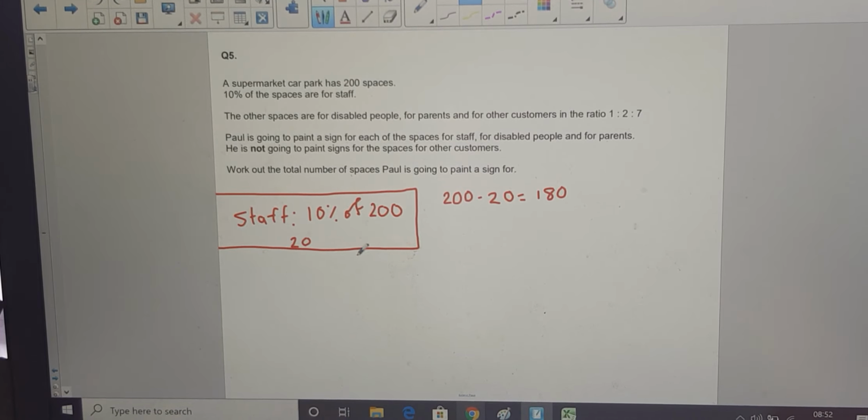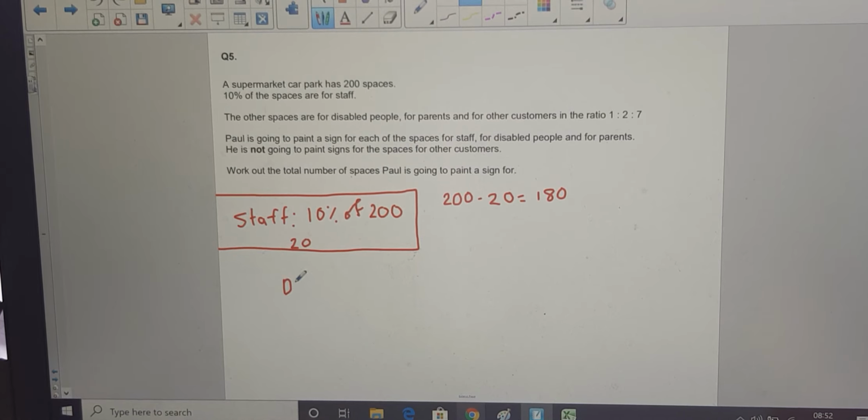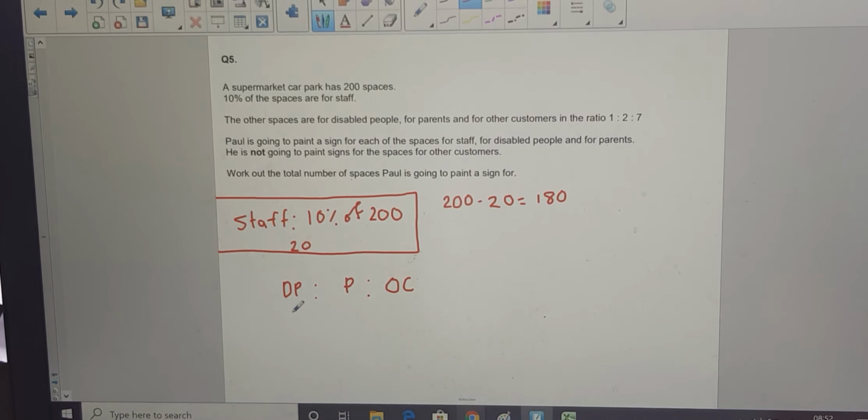Then it tells us that disabled people to parents to other customers is in the ratio of 1 to 2 to 7. Okay, so this is 1, and then 1 add 2 is 3, add 7 is 10.